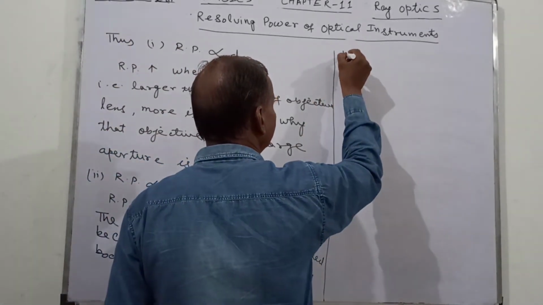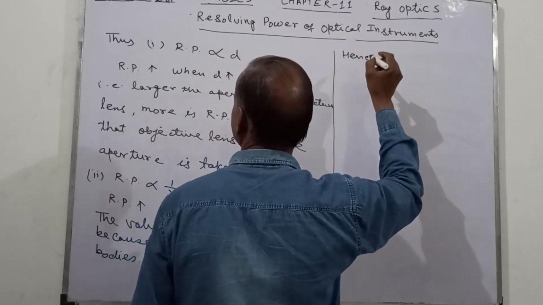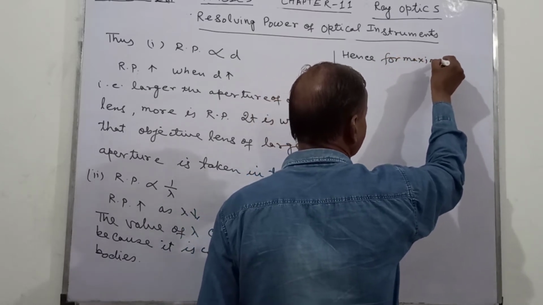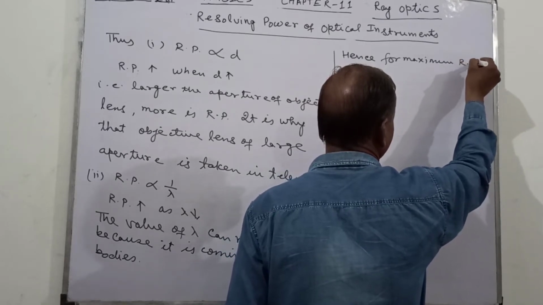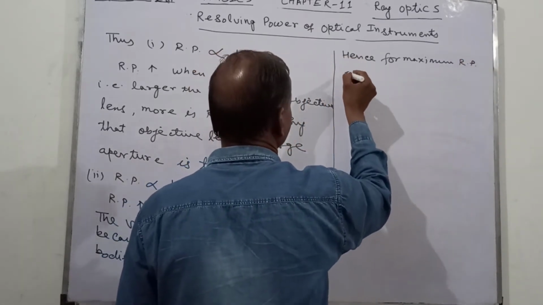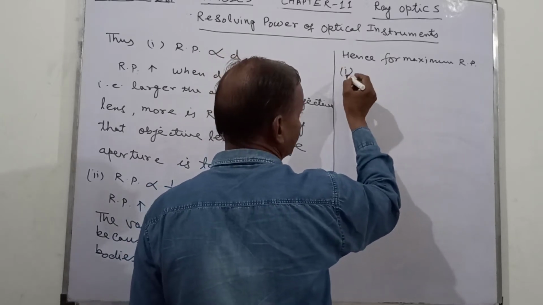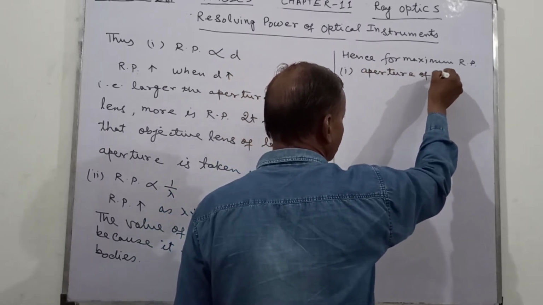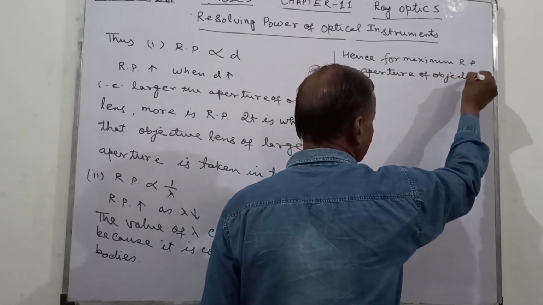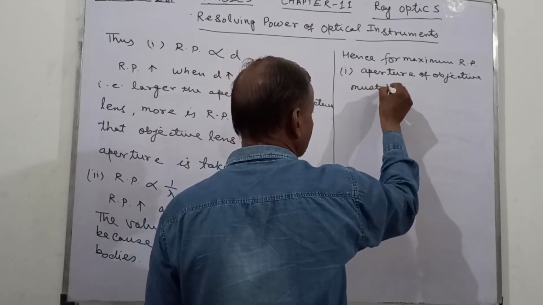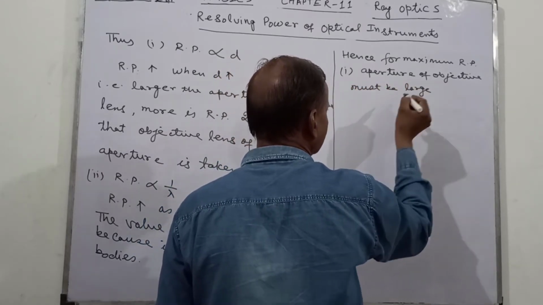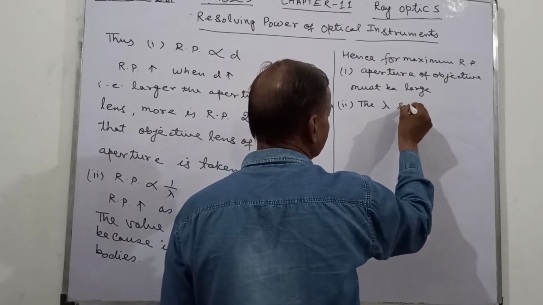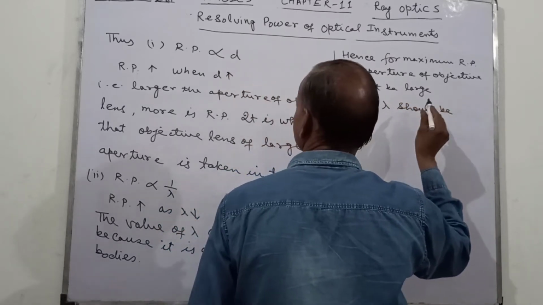Hence, for maximum RP, first, the aperture of the objective must be large, and second, the wavelength should be minimum.